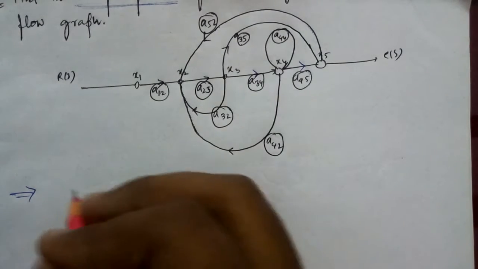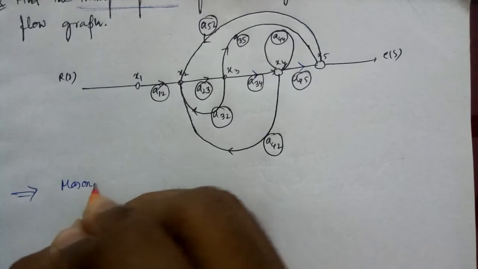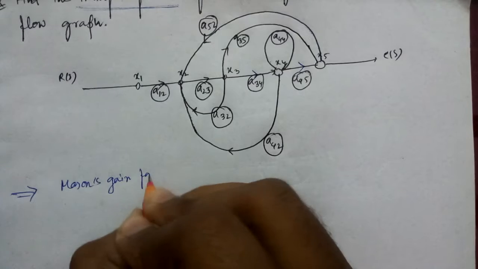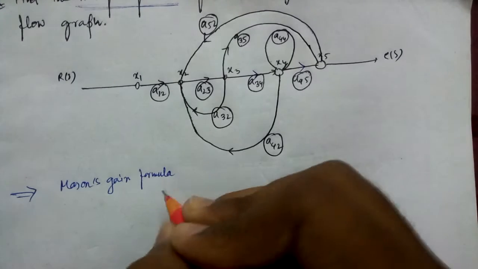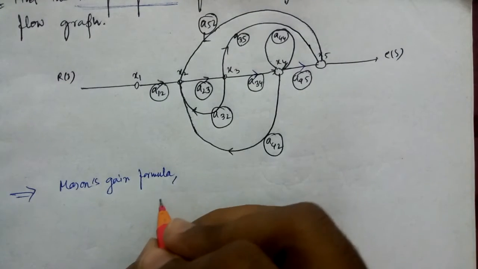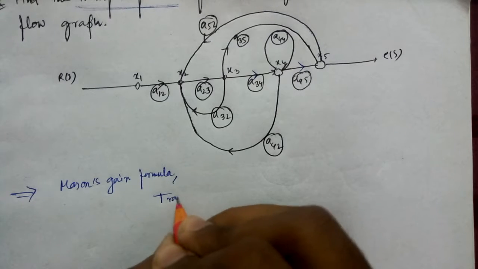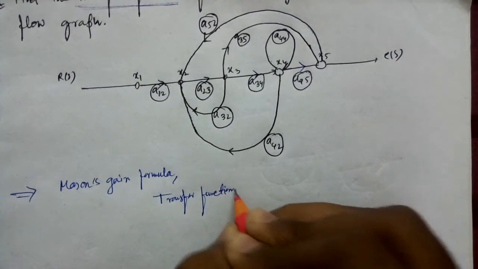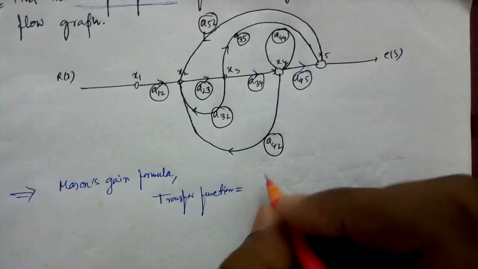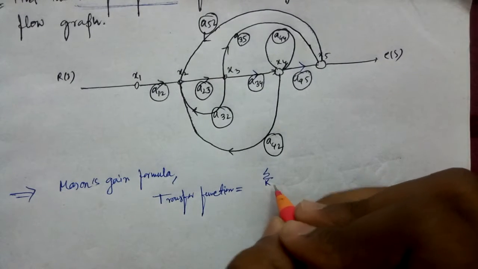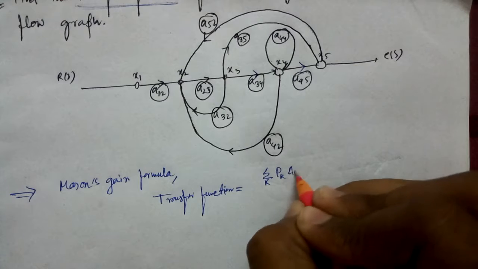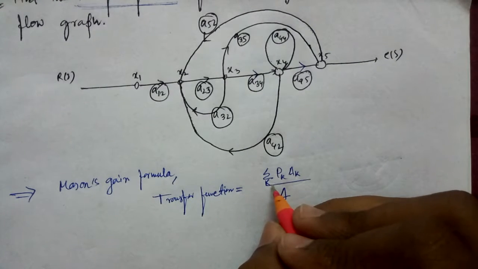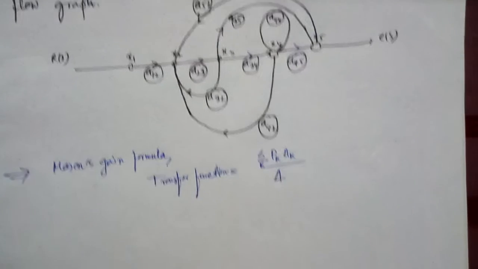Mason's gain formula tells us that the transfer function is equal to summation over k of Pk delta k by delta, where k is the number of forward paths.